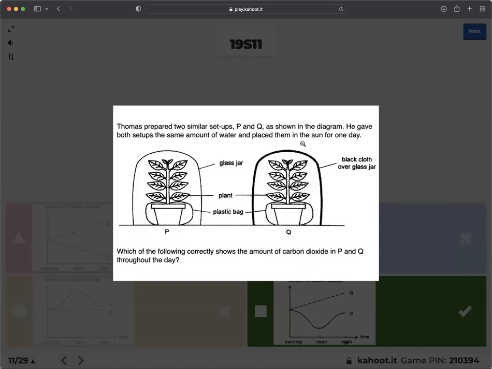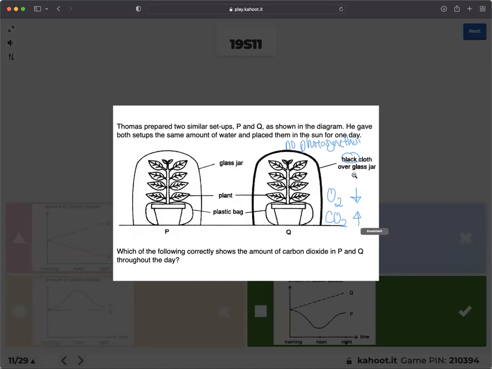For Q, the keyword here is black, so there will be no photosynthesis. So oxygen will always go down, and carbon dioxide will be going up all the way.